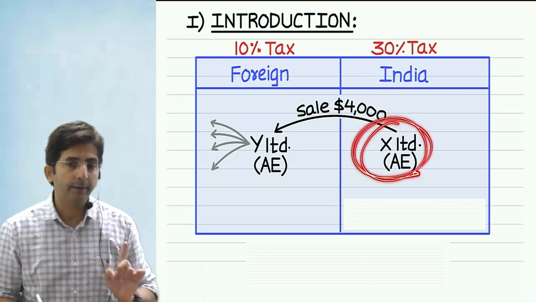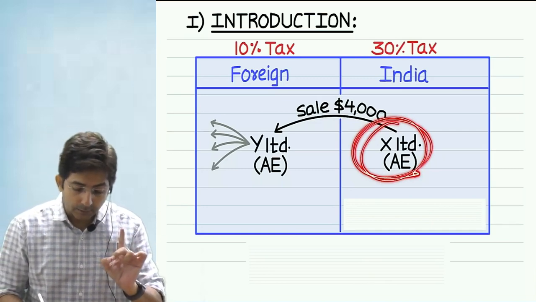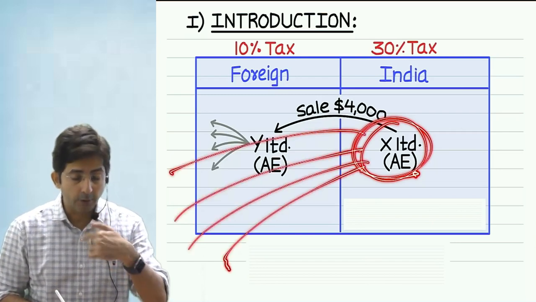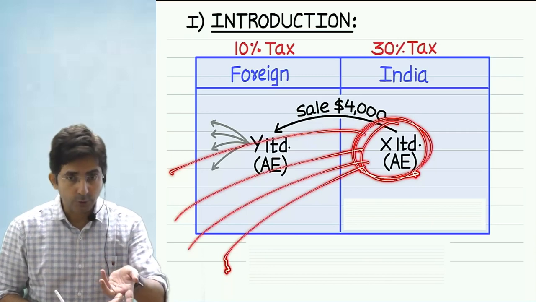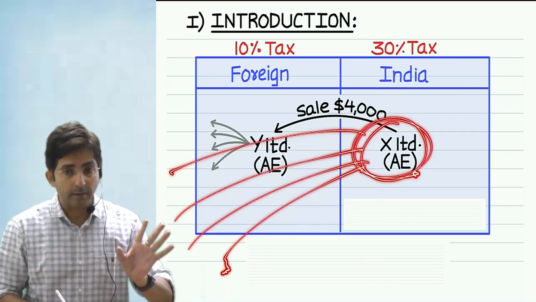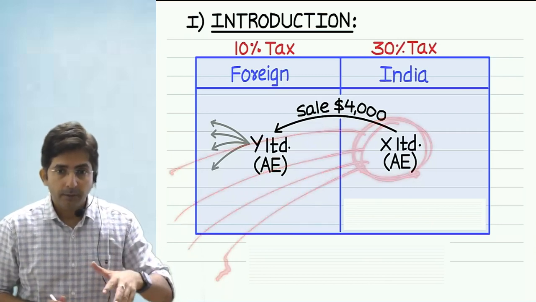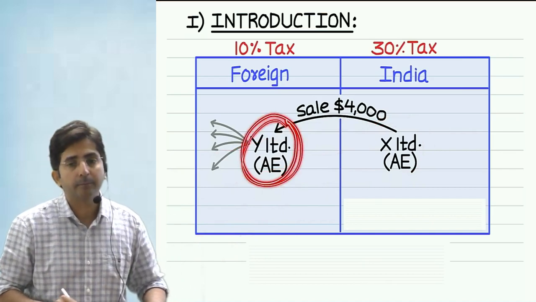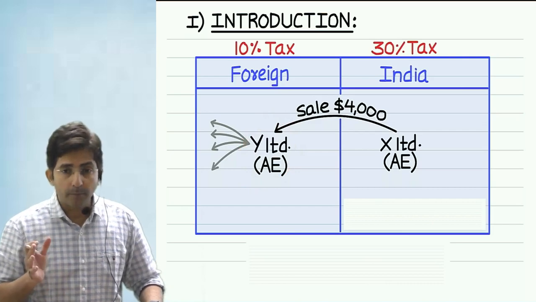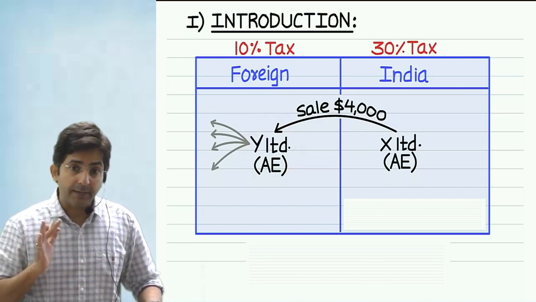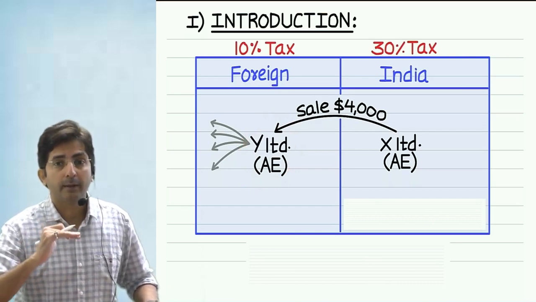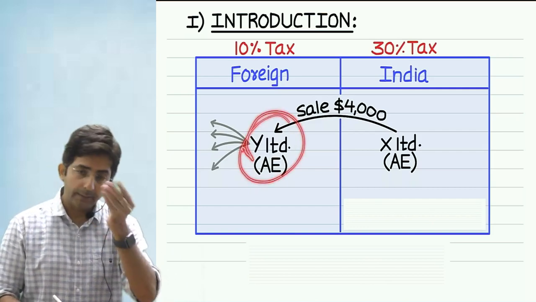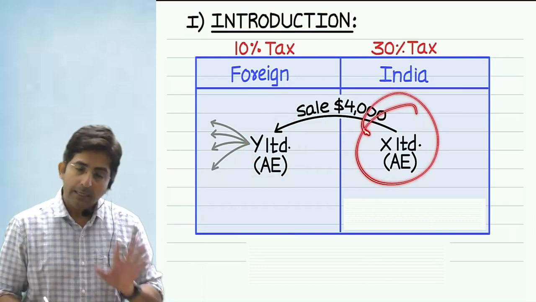So imagine X Limited wanted to sell its goods in a foreign country. But you know what it did? Instead of selling the goods to the foreign customer directly, it formed a separate entity, Y Limited, in the foreign country. Y Limited looks like a different entity, but it is a company formed by X Limited only.